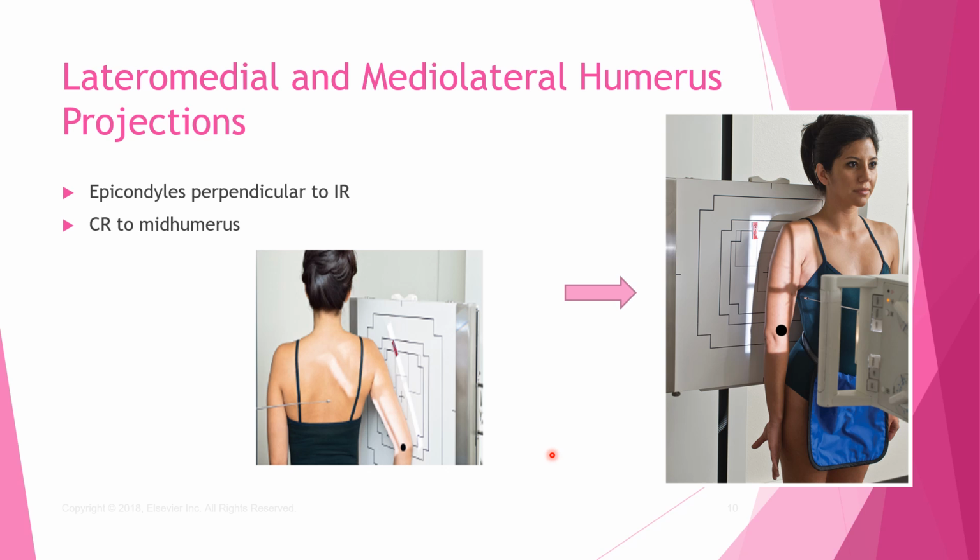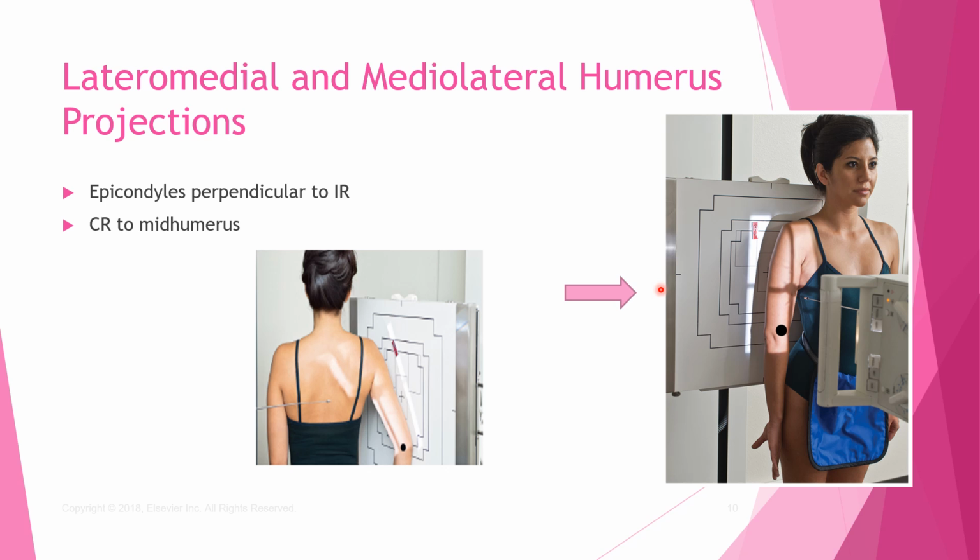Okay, you're going to collimate from side to side on both the AP and the lateral, but typically you're not collimating from top to bottom, especially on an adult humerus. All right, so what you're going to do for a lateromedial projection, which is this right here, you are going to place the patient's back against the image receptor. Their elbow is slightly flexed.